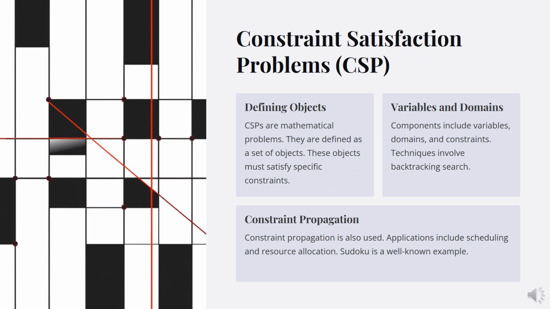Next is constraint satisfaction: defining objects, variables and domains, and constraint propagation. First is defining objects. CSPs are mathematical problems defined as a set of objects.